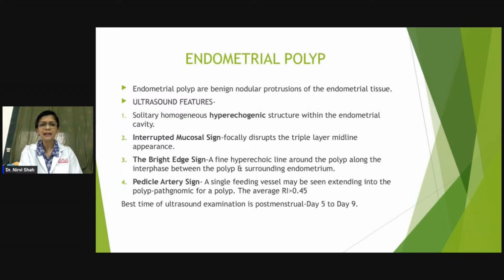Also, there is a slightly hyperechoic line surrounding the polyp, all around between the polyp and the surrounding endometrium, which is known as the bright edge sign. And something which is pathognomonic is a single feeding vessel. The best time to look for an endometrial polyp is post-menstrual, from day 5 to day 9.